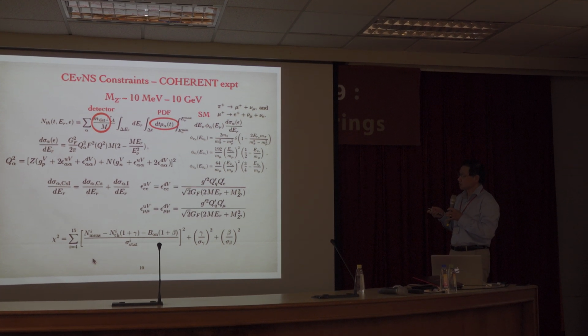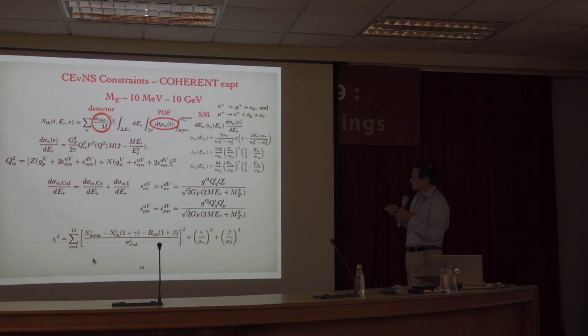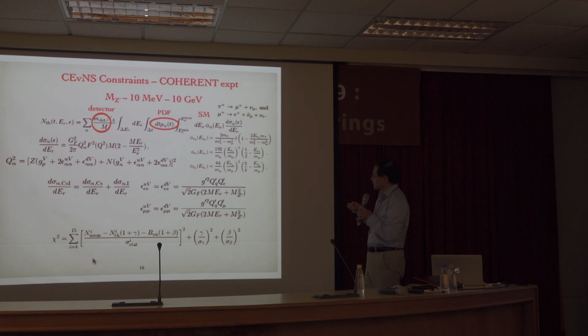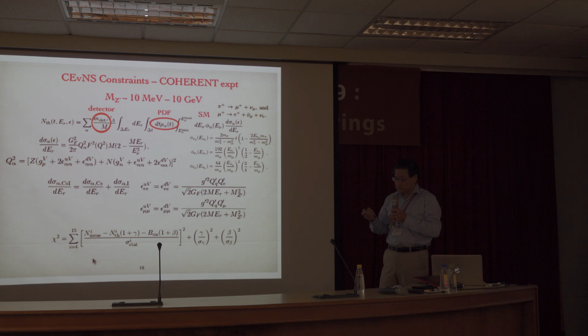But this is our theory, this is our standard model decay spectrum. In their experimental environment, they have stopped pions and let the pions decay pretty much at rest. So this monochromatic neutrino spectrum is calculated within our simple tree level diagram.